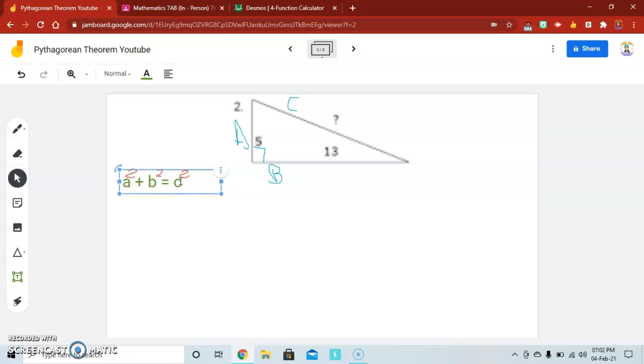Now we're going to solve it. So A squared is 5 squared plus B squared, which is 13 squared, is equal to C squared.